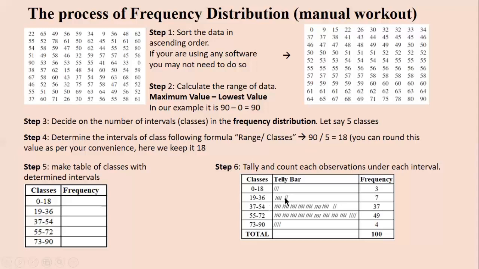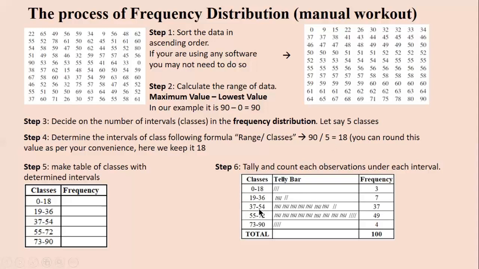So 7 bars I have drawn in the cell because I'm counting one by one. For any one observation, I put 1 bar. So the total bars for this class is 7, so the frequency of this class is 7. It means that in this sorted series, or in the unsorted series, there are 7 numbers or 7 observations which belong to this group from 19 to 36.